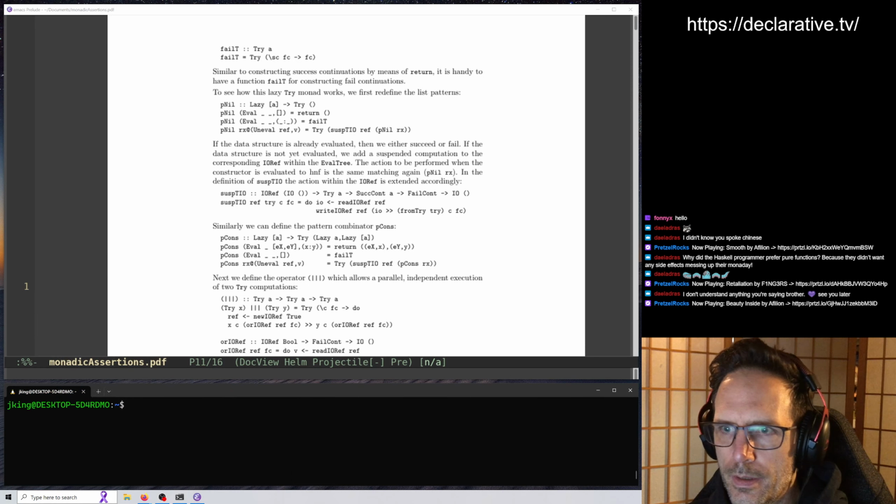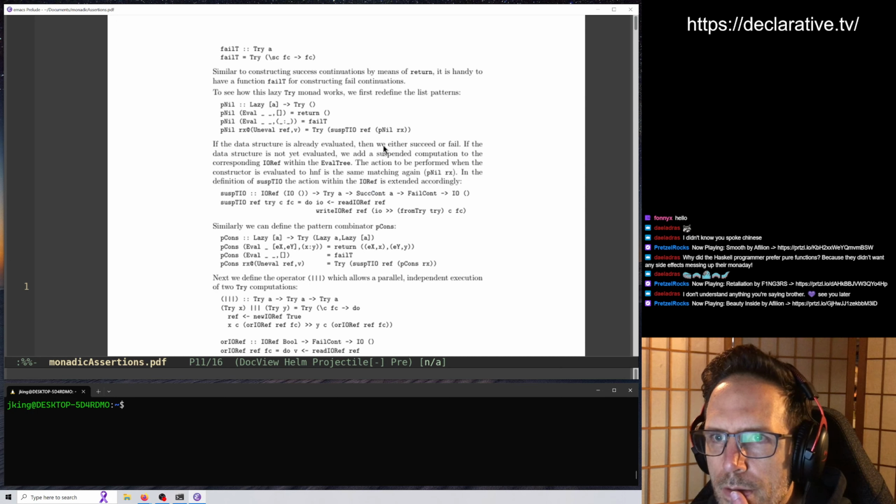Grab my pen here. The data structure is already evaluated. We either succeed or fail. The data structure is not yet evaluated. We add a suspended computation with the corresponding IOREF within the eval tree. The action is to be performed when the constructor is evaluated to head normal form is the same, matching again p nil of rx. In the definition of susptio, the action within the IOREF is extended accordingly.